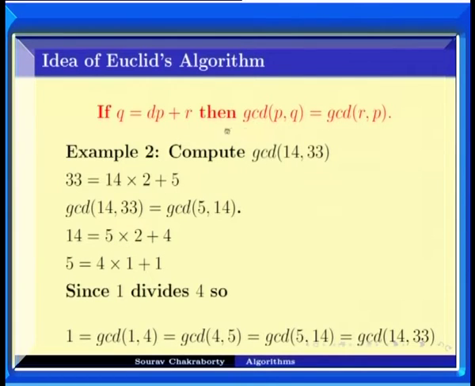We are using this property right here: GCD of 4 and 5 is equal to GCD of 1 and 4, and GCD of 4 and 5 is equal to GCD of 5 and 14 from this line, and GCD of 5 and 14 is equal to GCD of 14 and 33. So GCD of 14 and 33 is 1.